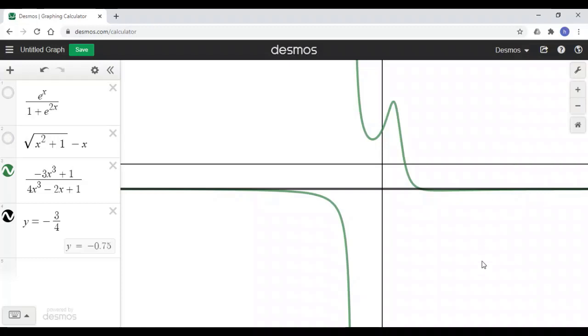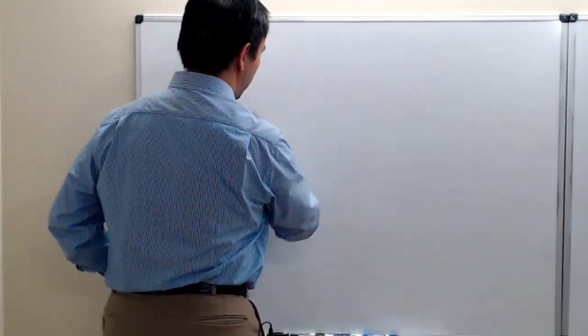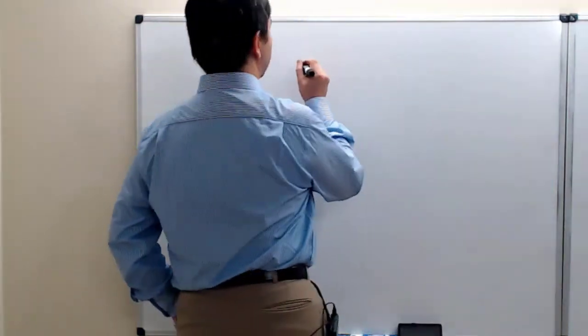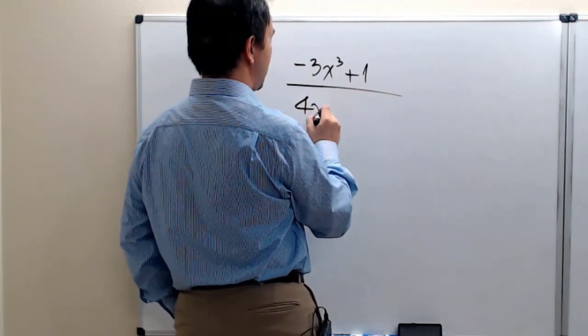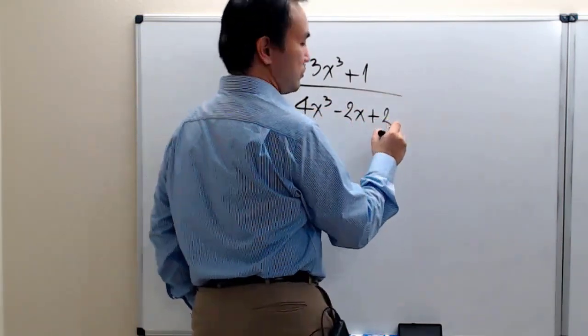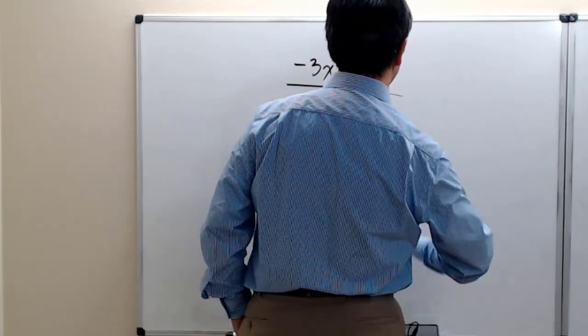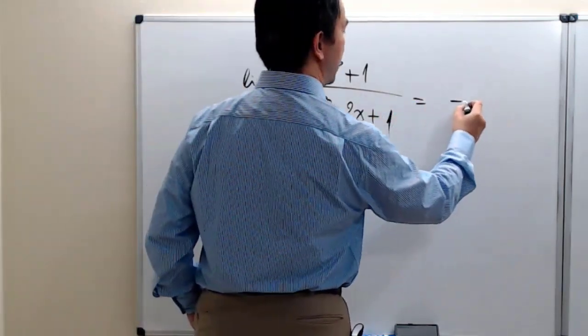Back in our earlier actual calculus work, we found that the function I just had on my graphing screen was minus 3x cubed plus 1, divided by 4x cubed minus 2x plus 1. The limit going to the right end was negative 3/4.